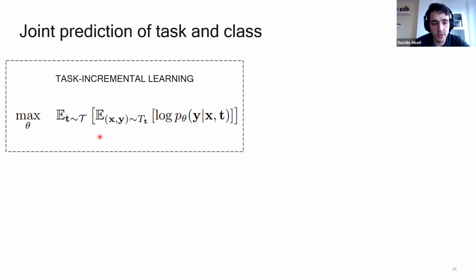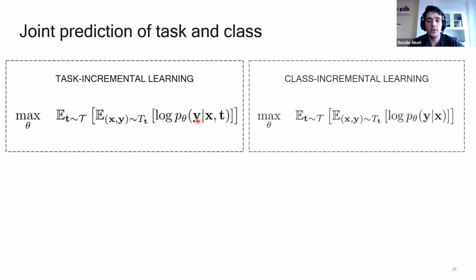So on average, between all the tasks and all the images of that task. On the other hand, we have class incremental learning, which is the same, but we don't have T to the right side of the conditioning.